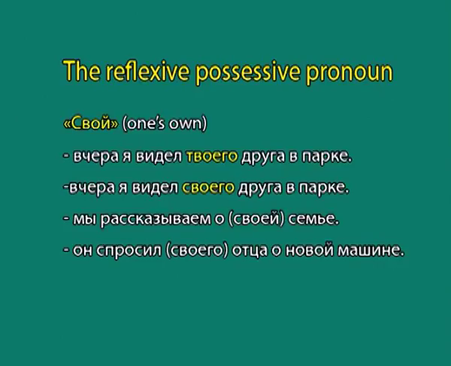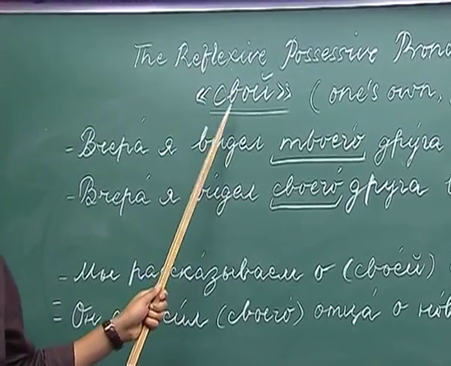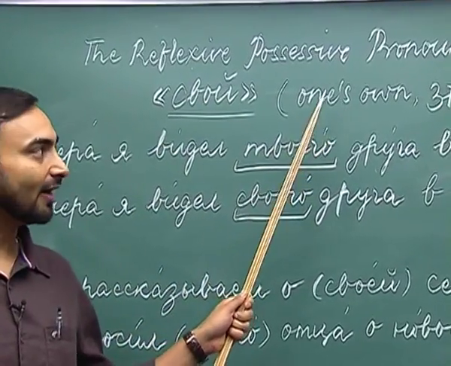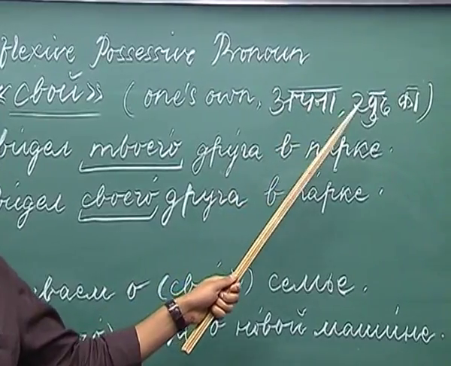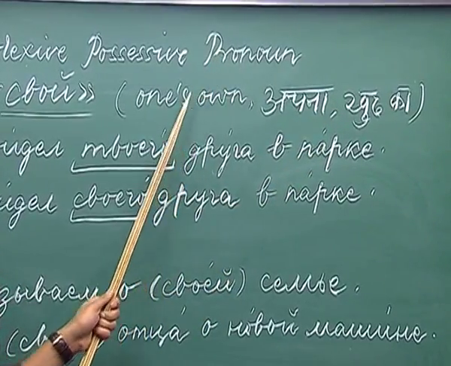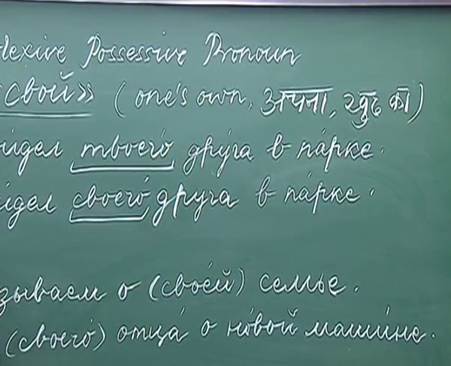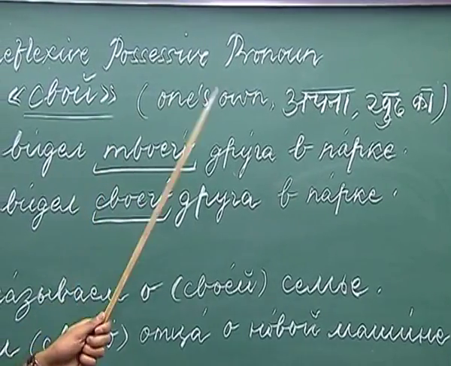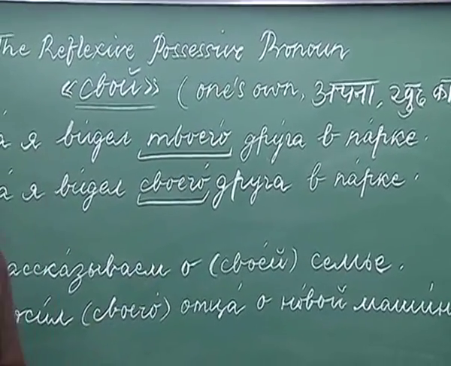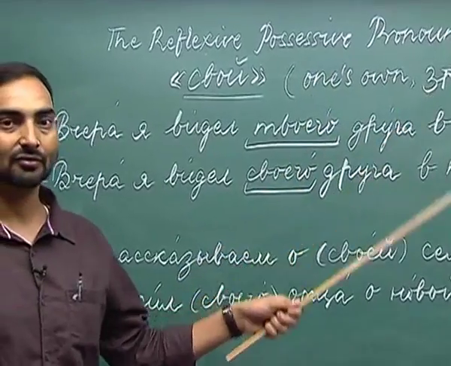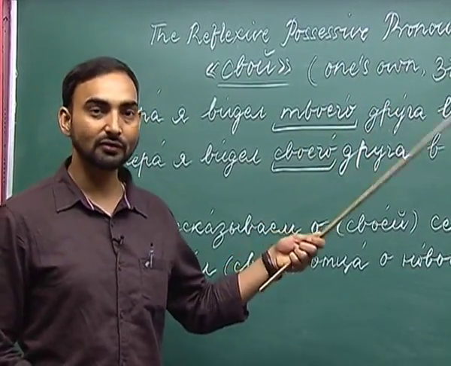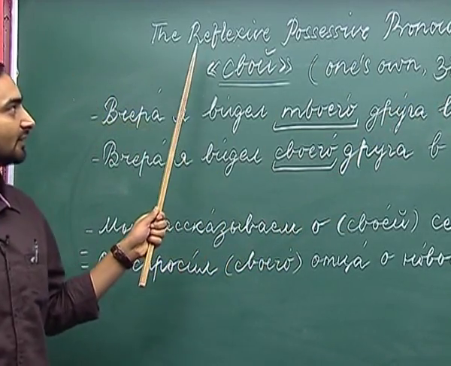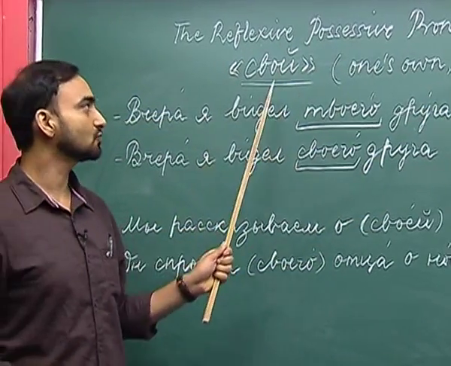In Russian, the reflexive possessive pronoun is свой. Свой in English can be translated as one's own, in Hindi apna or khud ka. As you can see by the meaning, when the subject of a sentence possesses something or it's denoting its own, then we use the reflexive possessive pronoun свой.